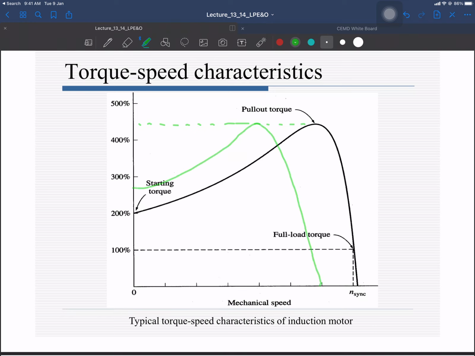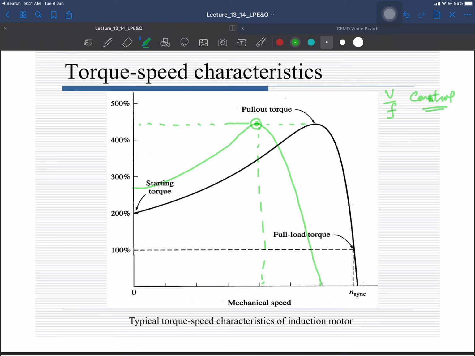I can have this one by selecting a pair of the voltage and the frequency. So V by F control, the ratio of the voltage and the frequency, right? So you can get this peak with the new torque speed curve, keeping this constant.